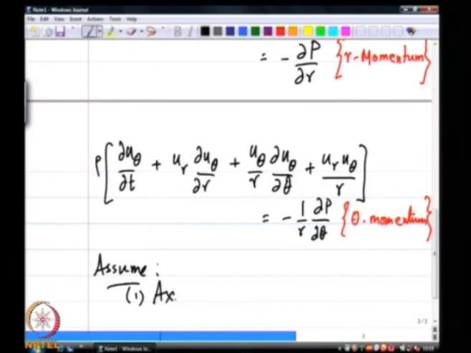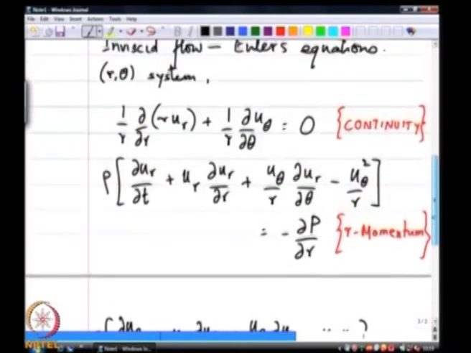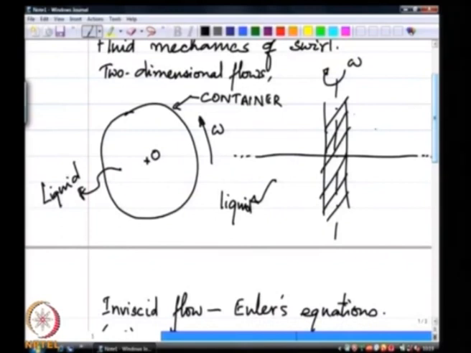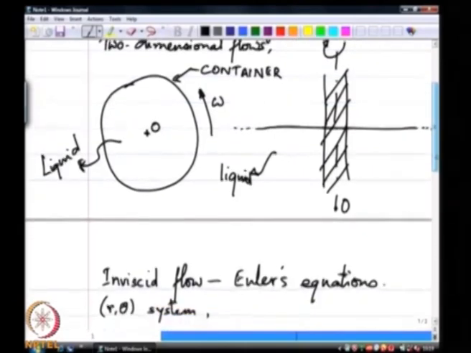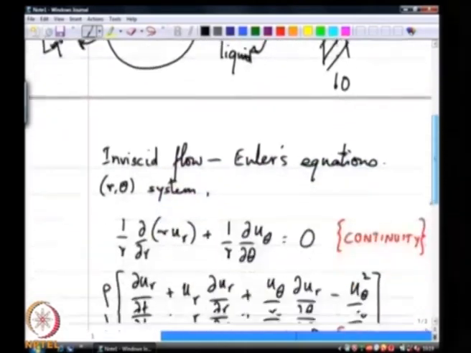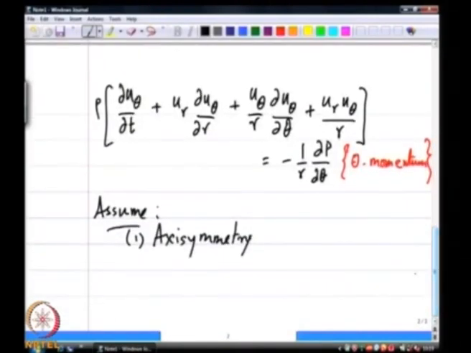If I assume axis symmetry, now the two kinds of flows I am interested in are these. In both these instances, in the first instance O is the axis, in the second instance this happens to be O, and the axis passes through O perpendicular, pointing along the direction of the angular velocity vector in both these instances. Now, if I assume axis symmetry, what do I have?